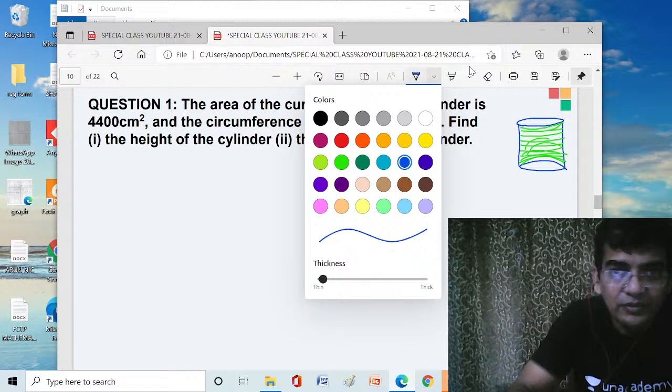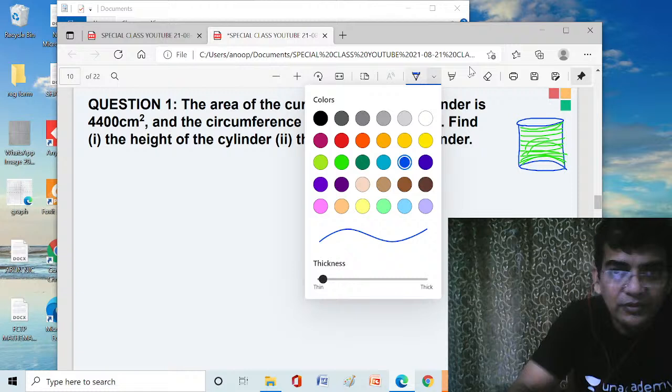So this is the curved surface area given to us. What's the formula for curved surface area? I have written it here. It's 2 pi r h is equal to 4400.